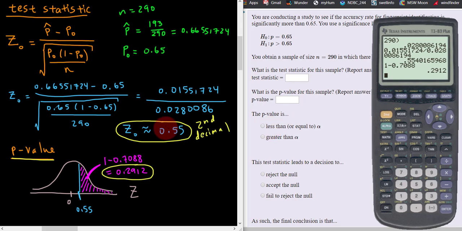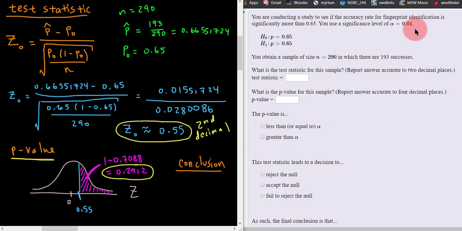Our conclusion is from comparing the p-value to alpha. Alpha is our threshold for what's considered significantly different, or significantly larger, or smaller. It's 0.01. So is our p-value bigger or smaller than 0.01?